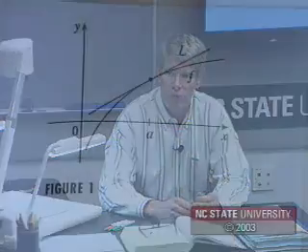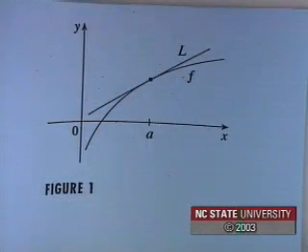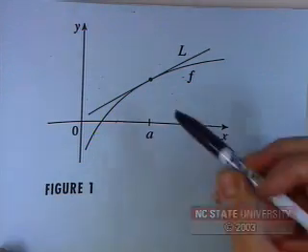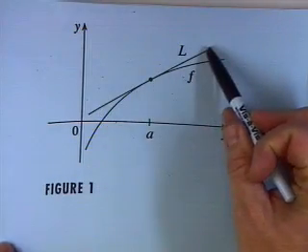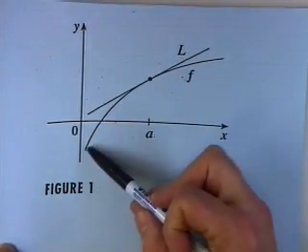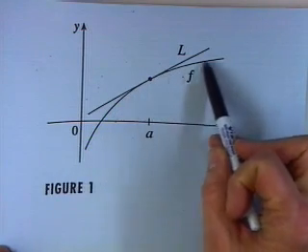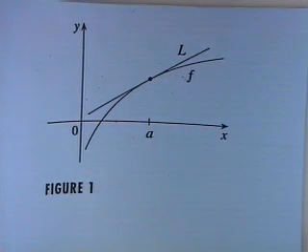Here's what we're attempting to do, and this is one of our first uses of the derivative. We're going to use the tangent line to the curve, and if you look at this diagram, we're going to use this line that's labeled capital L to help approximate what's going on with the function itself. Now, sometimes that would be a bad thing to do because the curve obviously separates from the line.